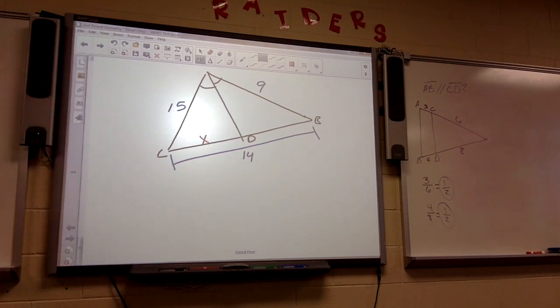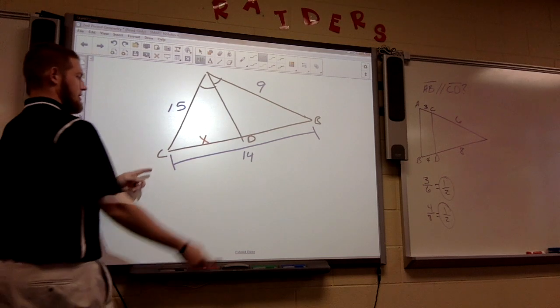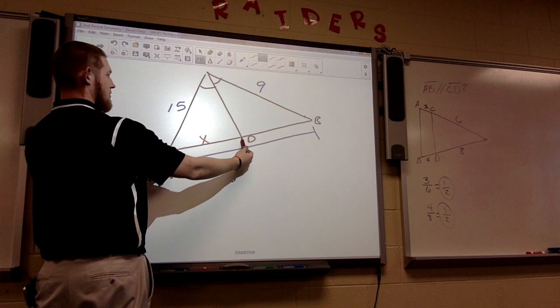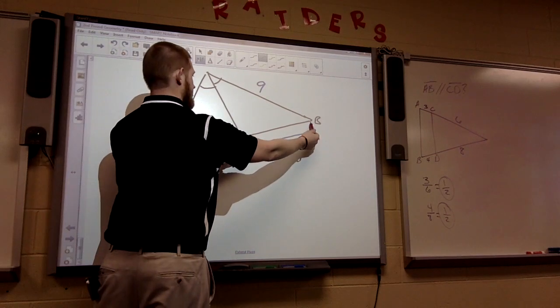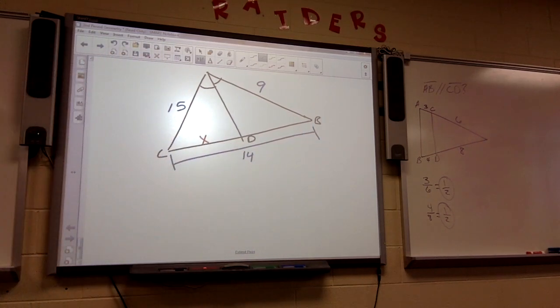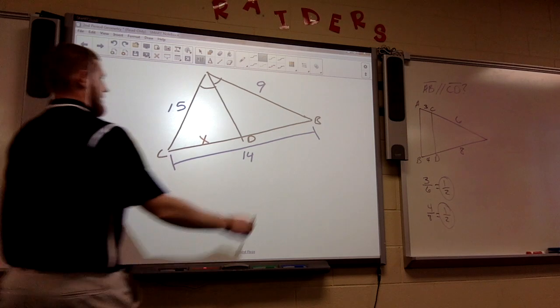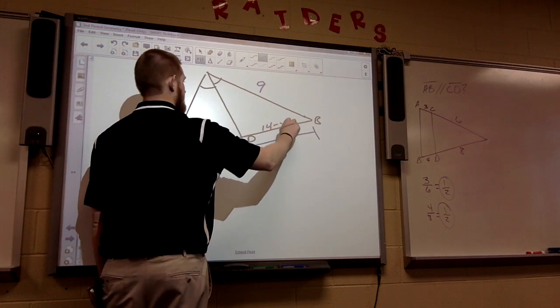Okay, so there's my x. Now back to what you were thinking of. First of all, I need to know what two sides in this theorem: I need DC and I need DB. So Brooklyn, we're back to what you said first. What's the length of DB? 14 minus x. Okay, how did she get that, Gary?